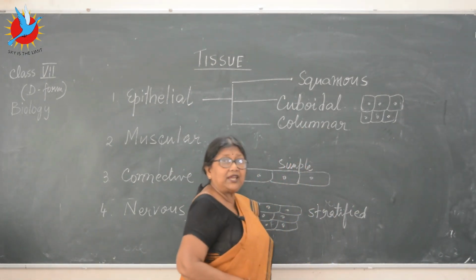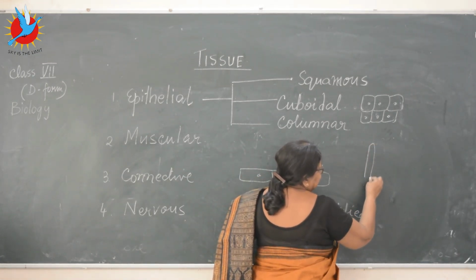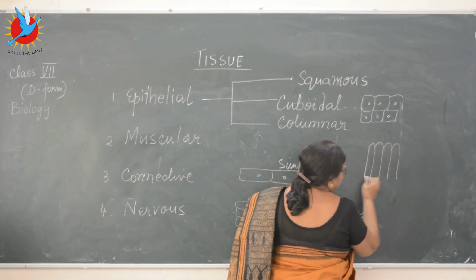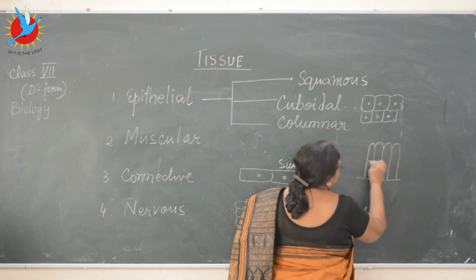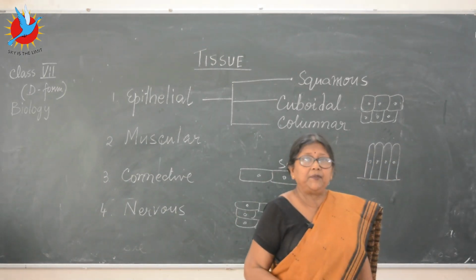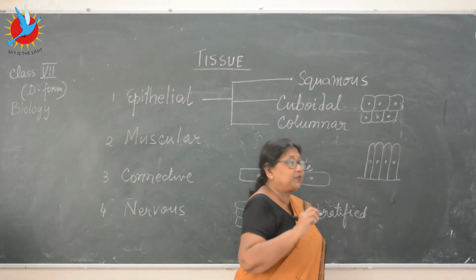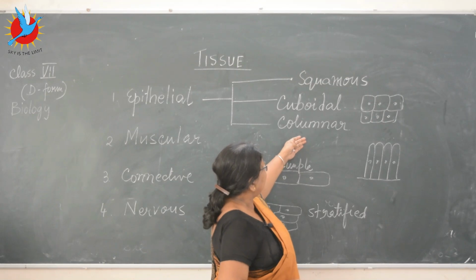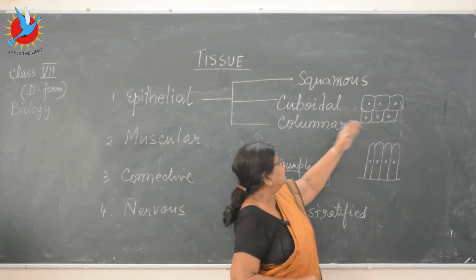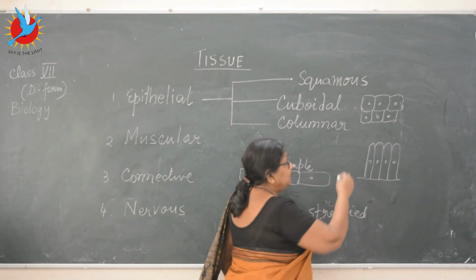Columnar, what can be the shape? Right? Elongated. Like inside the intestine, the layer where columnar cells are present, that is elongated tissue. So just according to the shape, it can be flat squamous, cube-shaped cuboidal, column-shaped, elongated columnar.